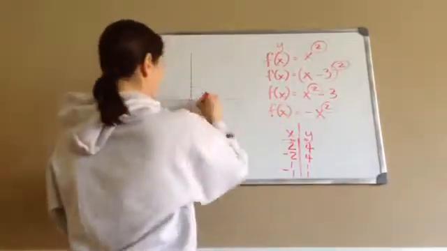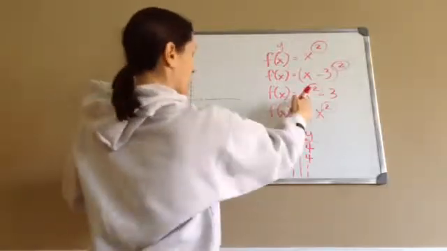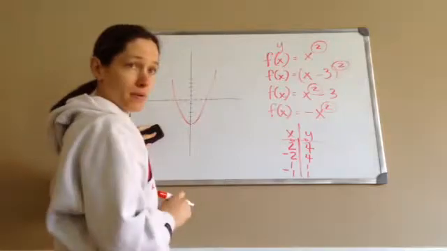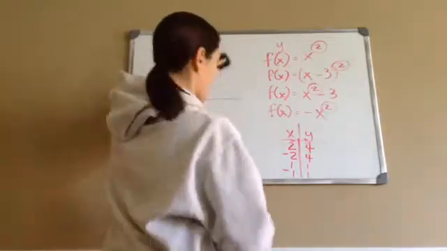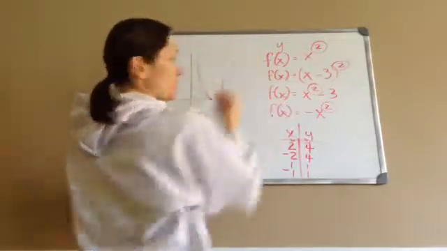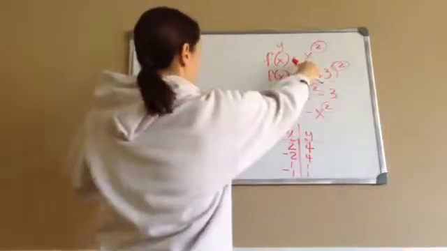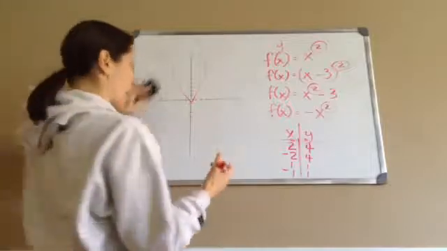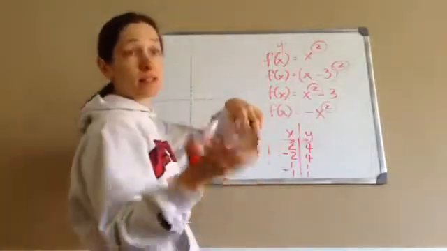This one made this shape, this one made this shape, this one makes this shape, and that one made this shape. What do you notice? They all make a V shape, whether it's down or up.